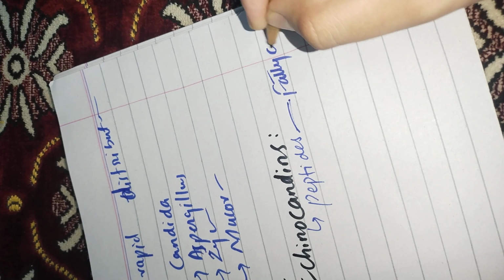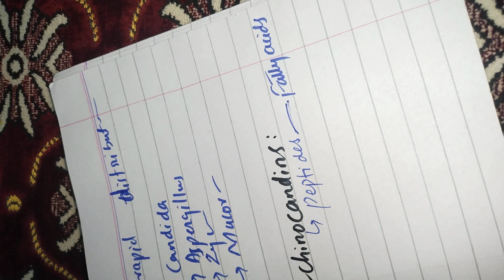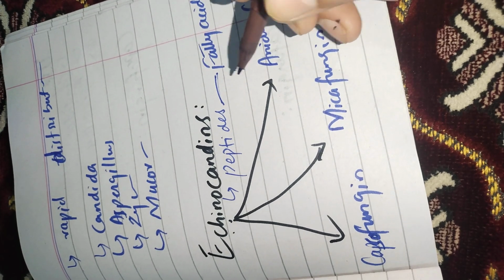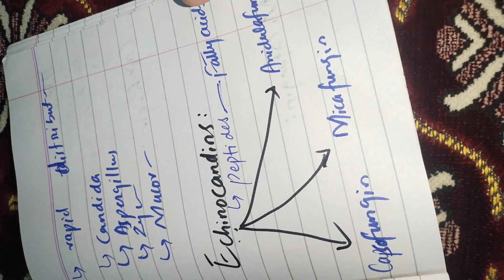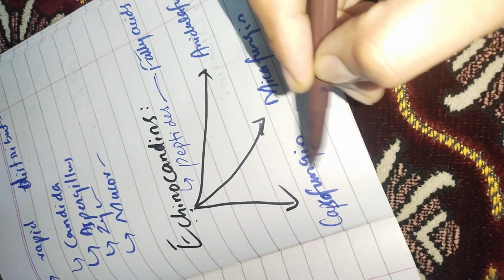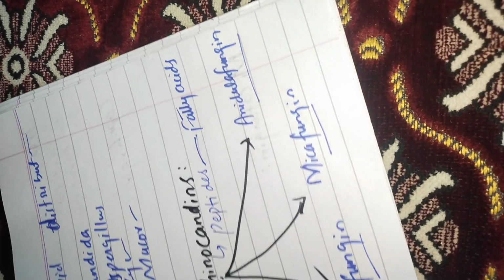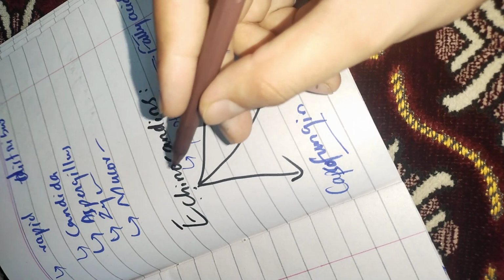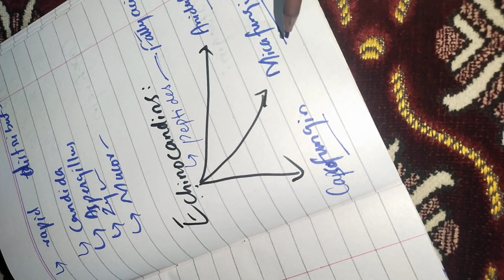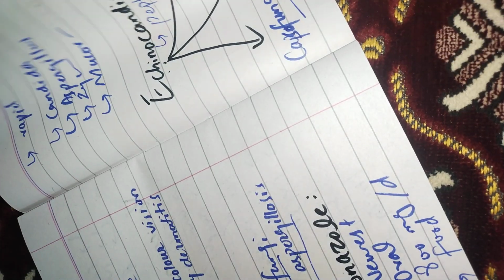In echinocandins, we have 3 drugs: caspofungin, micafungin, and anidulafungin. These 3 drugs belong to the echinocandins family.